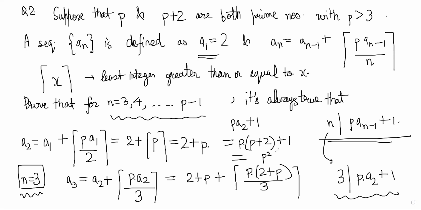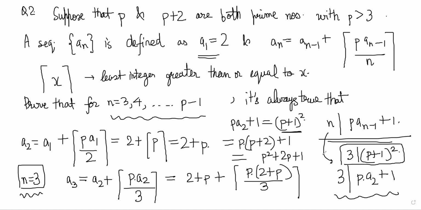So that is p square plus 2p plus 1. So this is equal to p plus 1 whole square, right? So we have to show that 3 divides p plus 1 whole square. This is our base case, right? Because our induction starts from n is equal to 3.